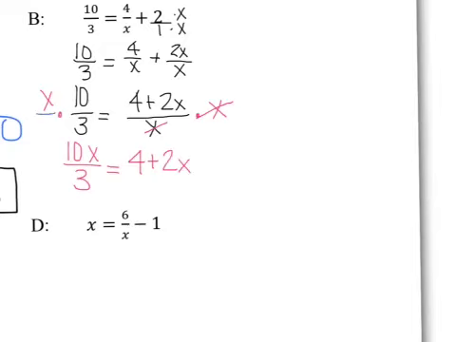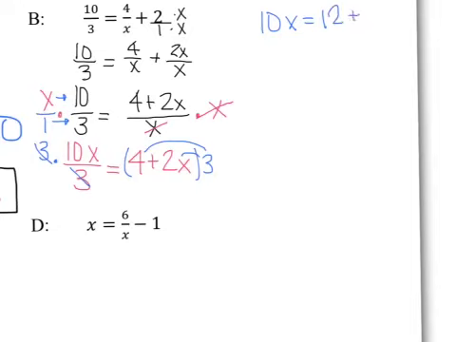Since this was an x over 1, just go straight across. That's how you get the 10x over 3. Now we need to get rid of that 3, so multiply by 3 on both sides. So that cancels with that. And we have 10x equals, make sure you distribute, 12 plus 6x.